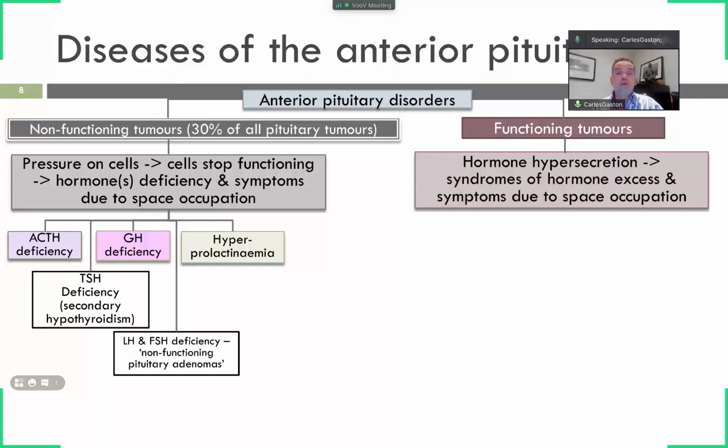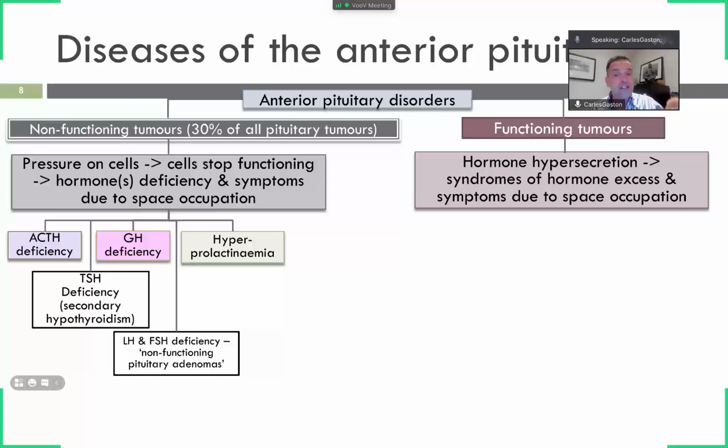Also, if the connection between the hypothalamus and the pituitary is broken because of the tumor, remember, prolactin needs to be inhibited by which molecule of the brain? By dopamine. Remember, guys? Prolactin is under constant inhibition by dopamine.